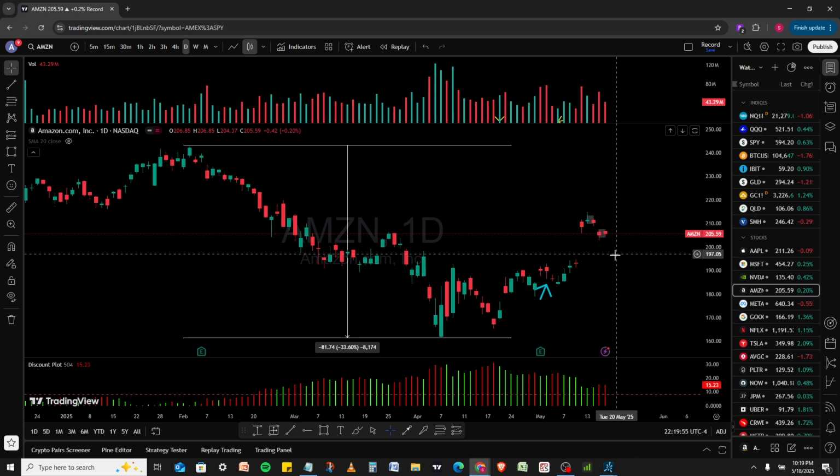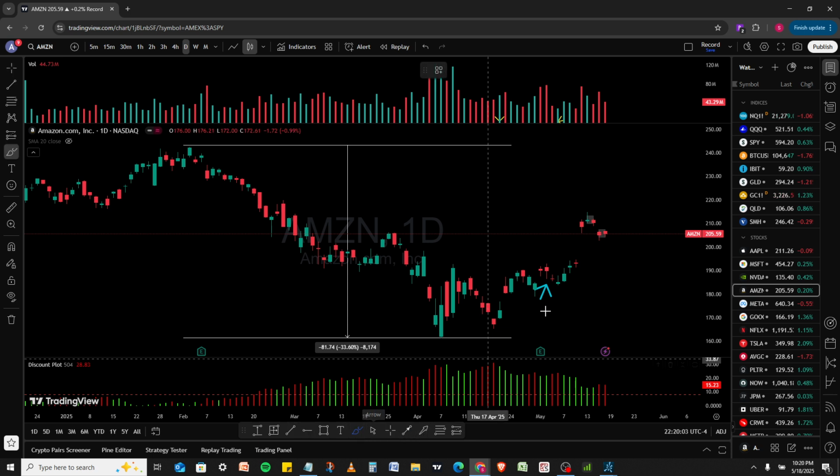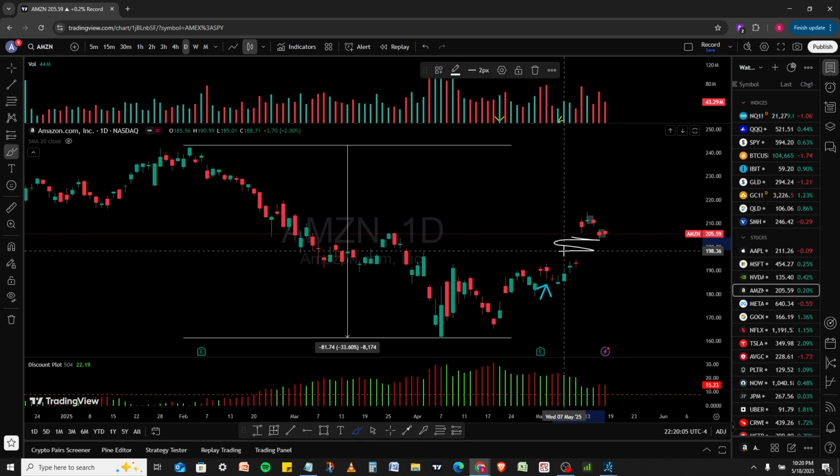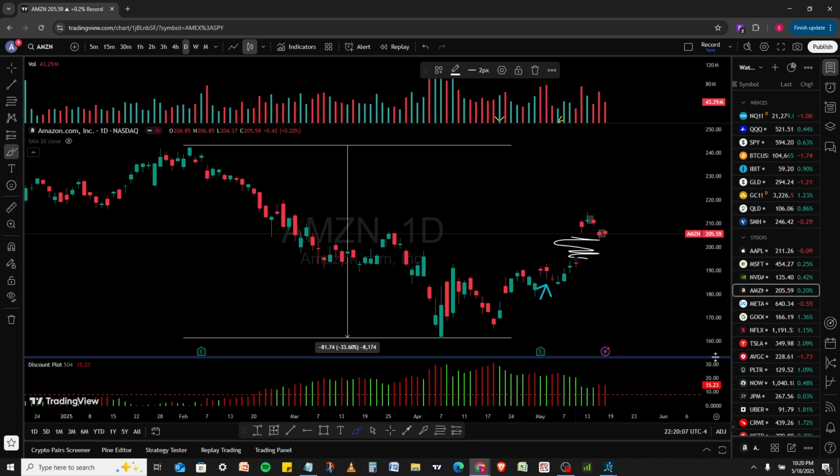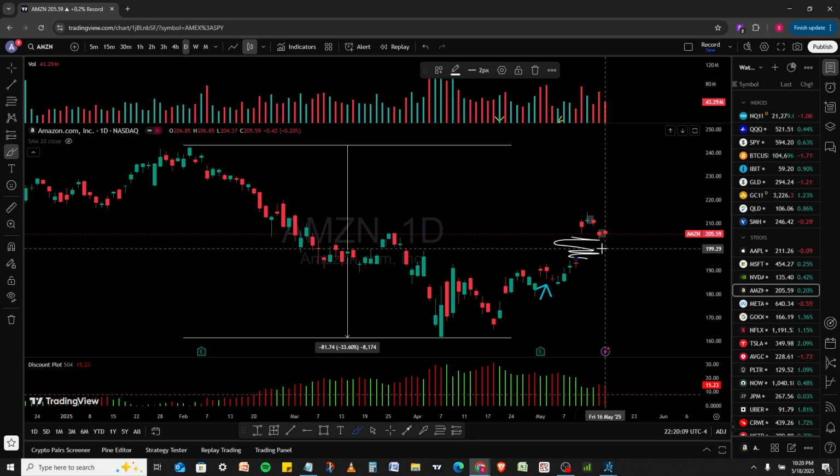More likely, we could see this gap area being filled. Let me draw it. This gap area being filled this week or next week if the momentum continues to be on the downside and we still see negative news in the market.